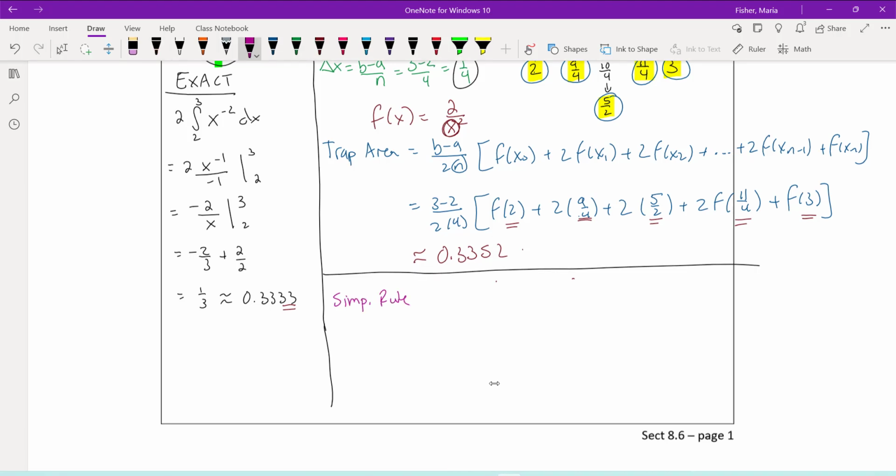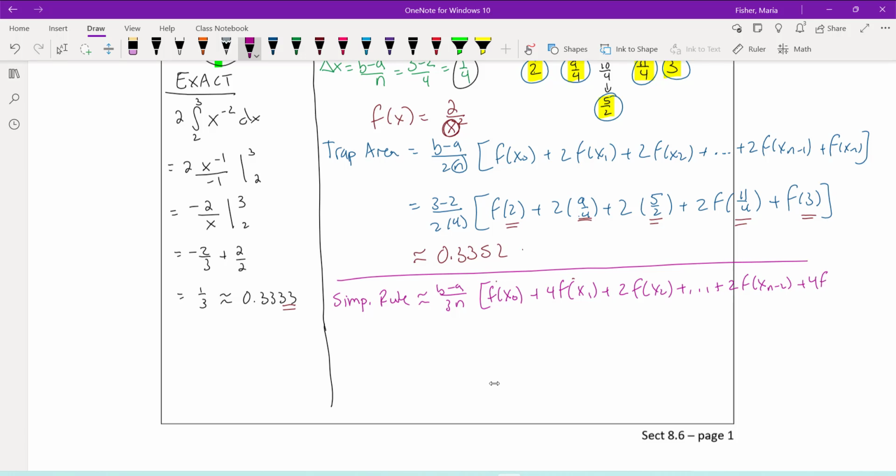Simpson's rule said that the definite integral was going to be approximately (b minus a) over 3n, and then it was going to be f of x naught plus 4 times f of x sub 1 plus 2 times f of x sub 2 plus dot dot dot plus 2 times f of x sub n minus 2 plus 4 times f of x sub n minus 1 plus f of x sub n.